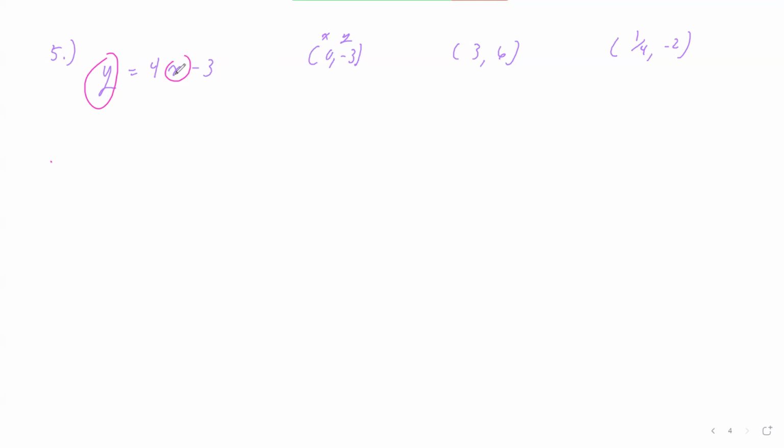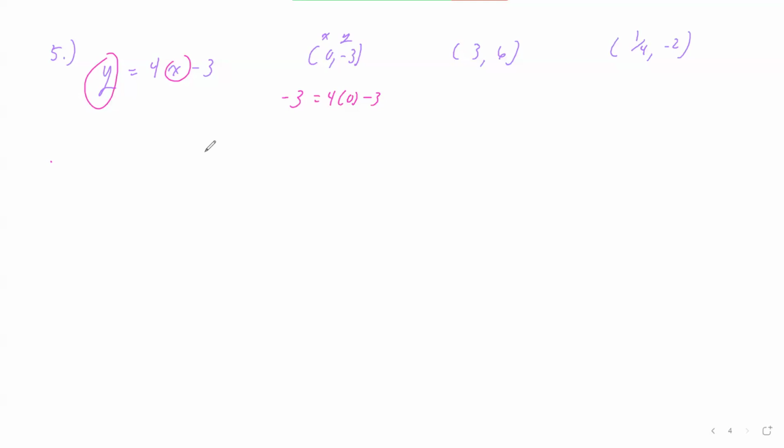Well, if you're replacing, the x goes away. So I replace that y with -3, replace that x with a 0. So instead of only replacing one of them, we're replacing both of them.